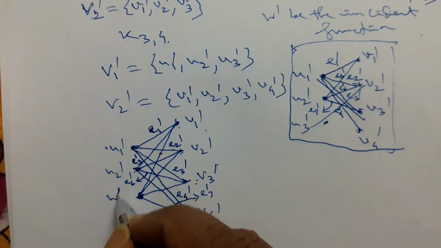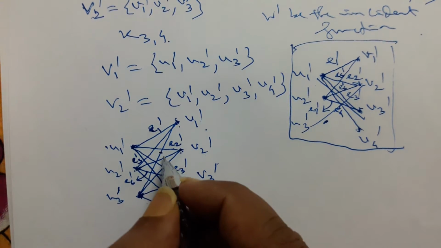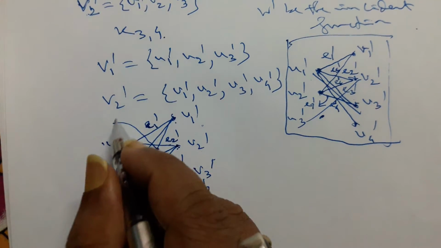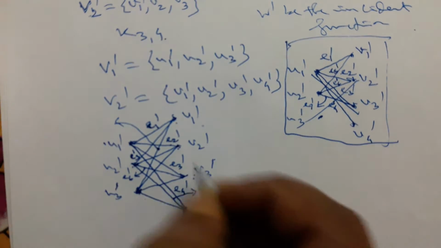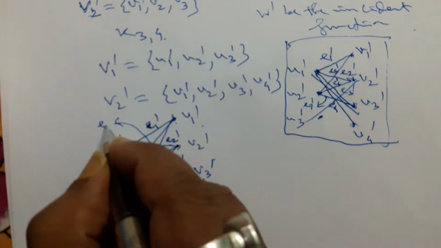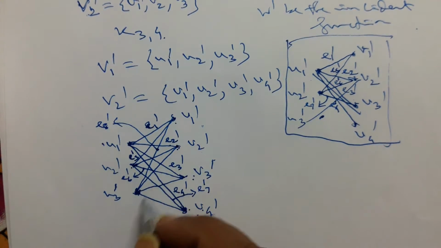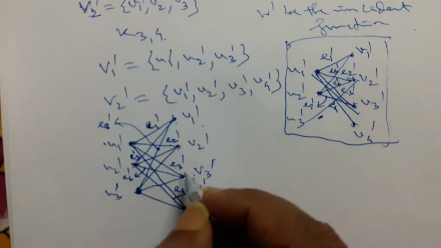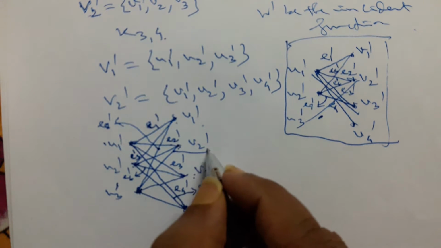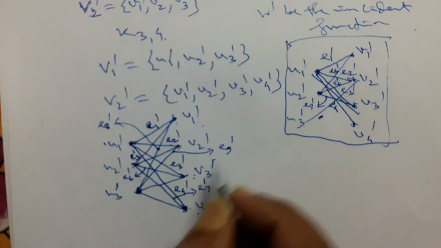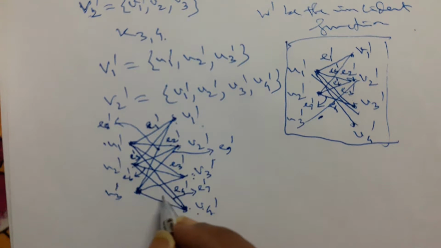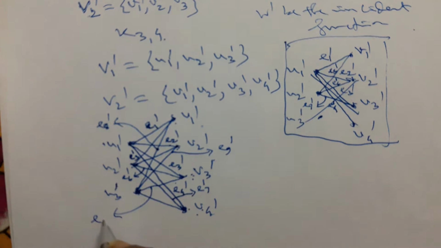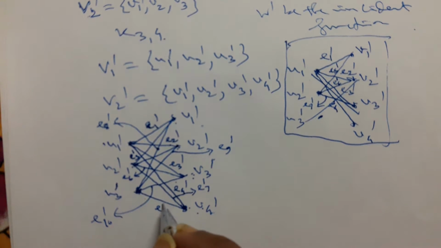u1 u3 dash and v1 dash. This edge if we name, taking the name of e7 dash, e8 dash, if this case is 1 2, e9 dash, 1 3, that is e10 dash, and e4, that is e11 dash.